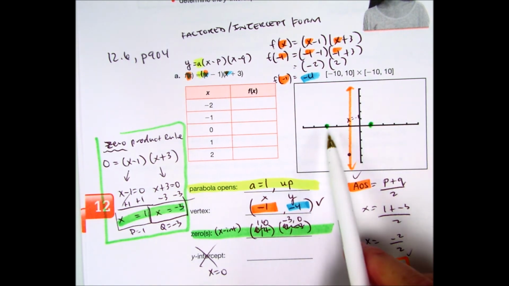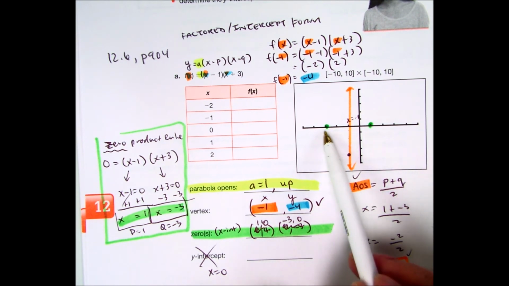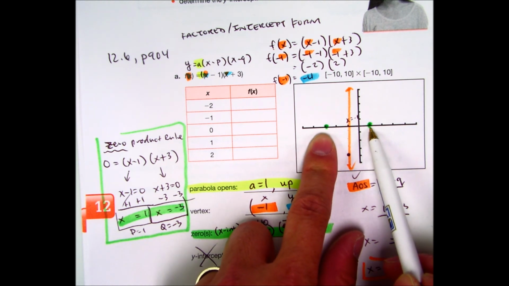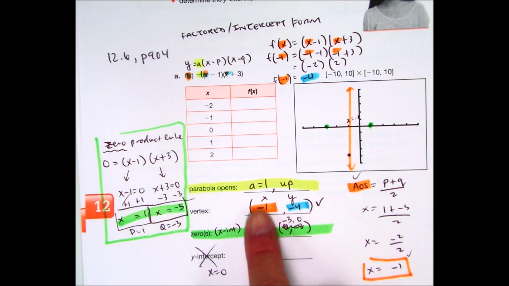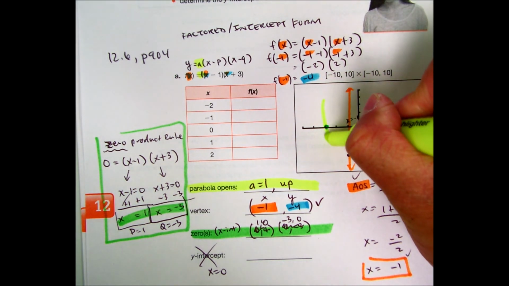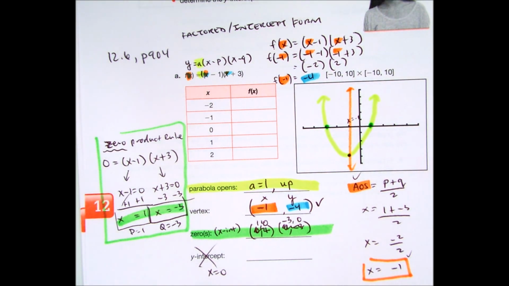I want you to notice that when we did the axis of symmetry, when you added those two and divided by 2, it's basically taking your 2 points from the zero product rule and just finding the midpoint. What's the number that's in the middle? Well, that's x equals -1. And then graphing up. And that's how you graph in factored form.